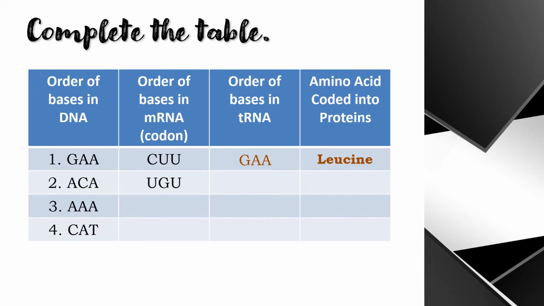That's correct. Number 2, we have adenine, cytosine, adenine. For mRNA, we have uracil, guanine, uracil. The order of bases in tRNA is adenine, cytosine, adenine.